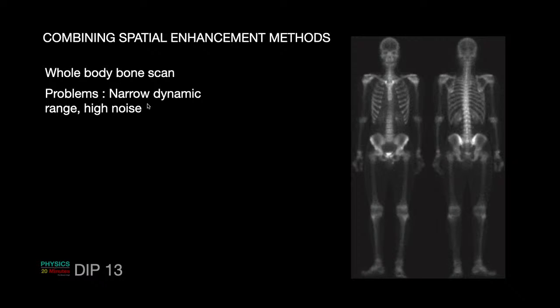If that separation is less, we say that the dynamic range is less. And if that separation is more, we say that the dynamic range is more. Also, this image is found to be high on noise. If you zoom in, you will realize that the noise element is fairly strong here.